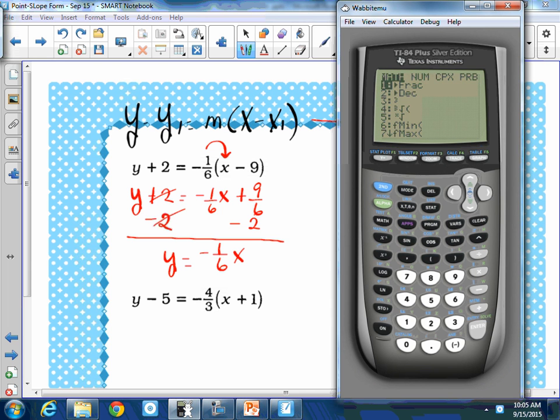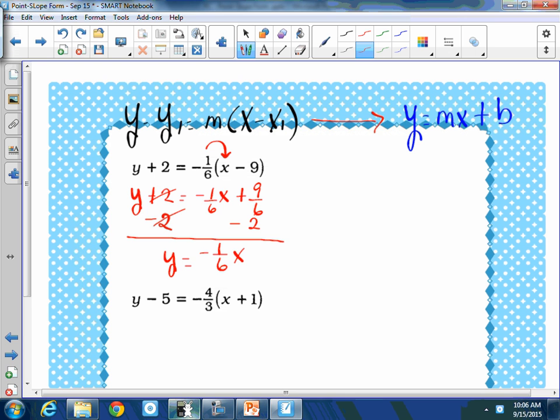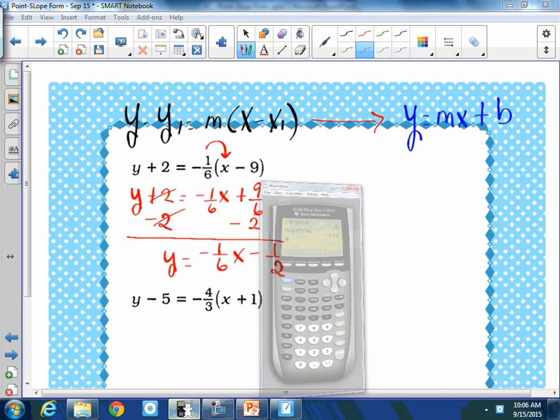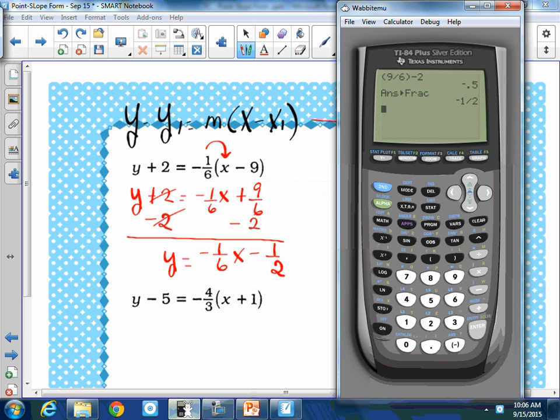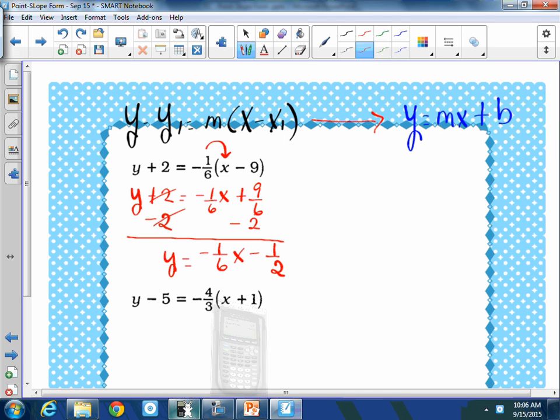Just go back to math, change it to a fraction, and that would be minus 1/2. All right. Now, what's the slope of this line? -1/6. What's the y-intercept of this line? -1/2.